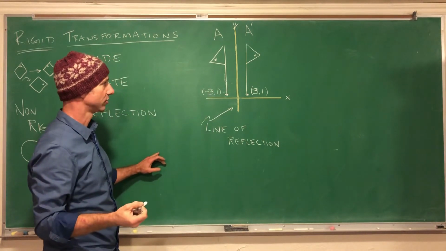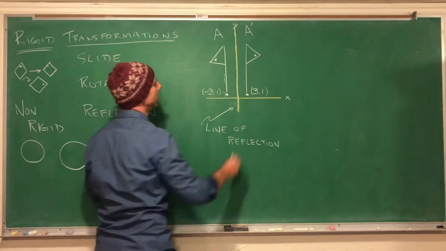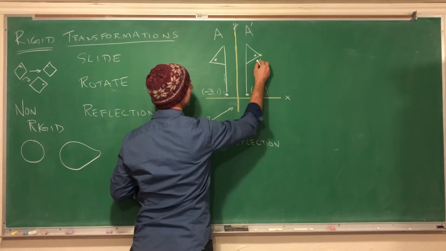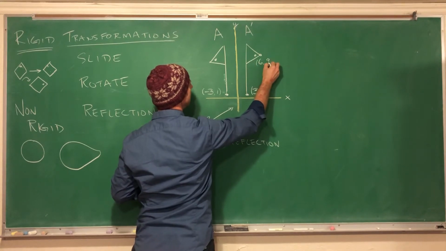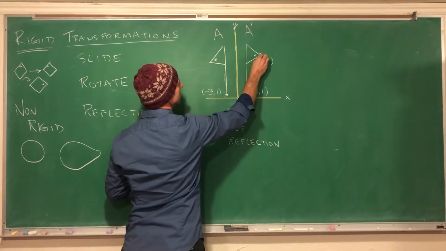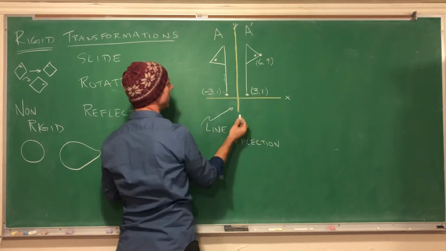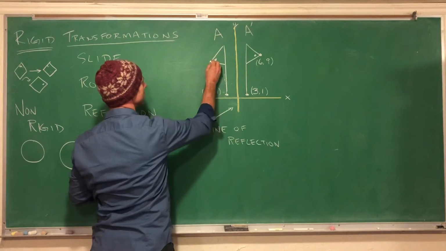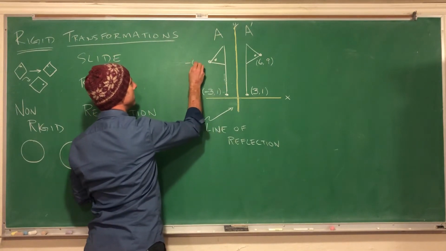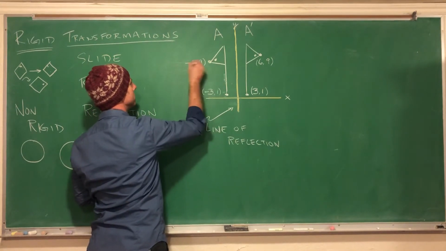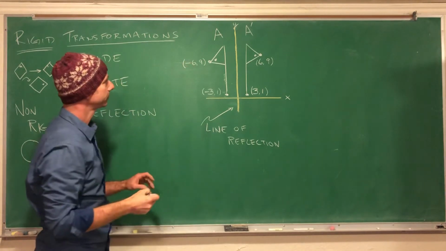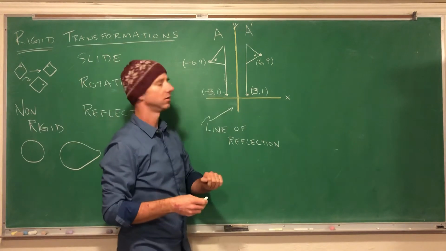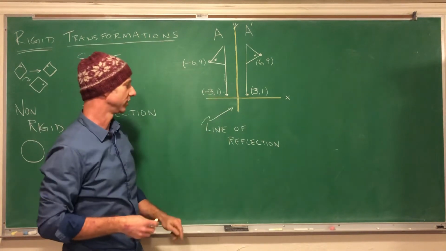I can keep doing this sort of game. Up here, let's call this one 6 comma, I don't know, 9. Over 6, up 9. Well, if I went over 6 that way, it started over 6 over here. Now reflection about this line gives you this sort of relationship.